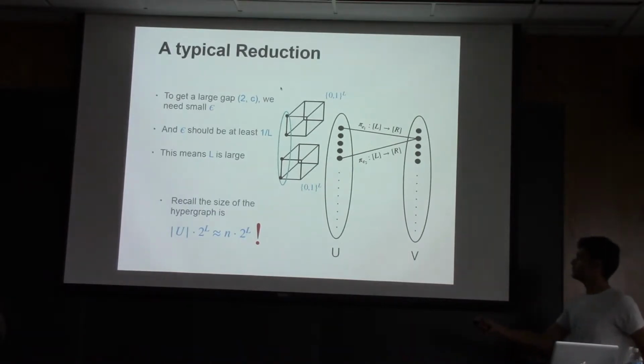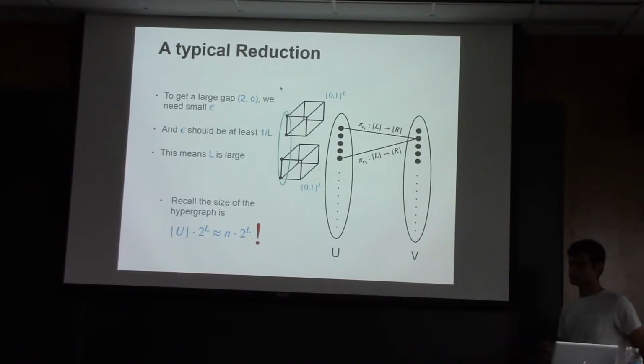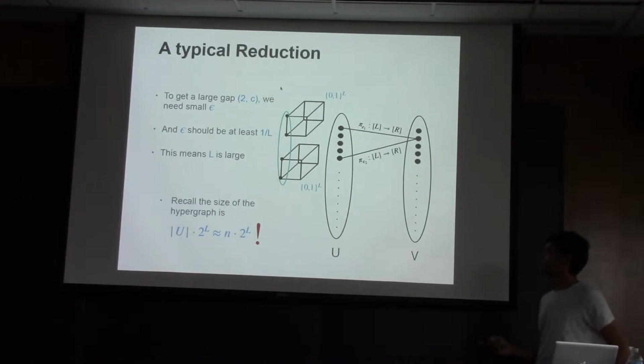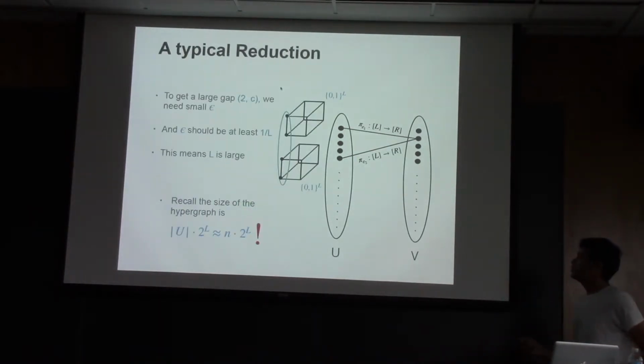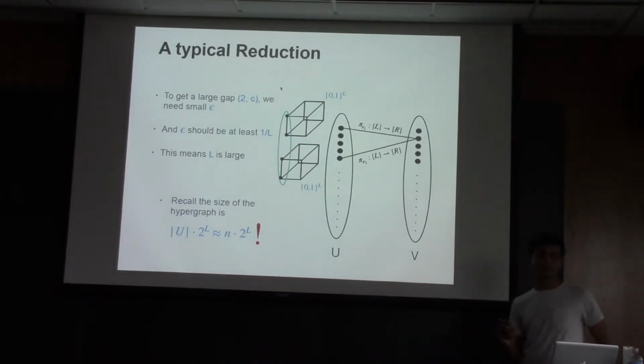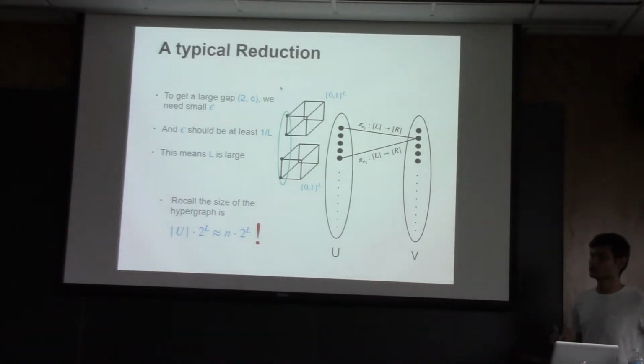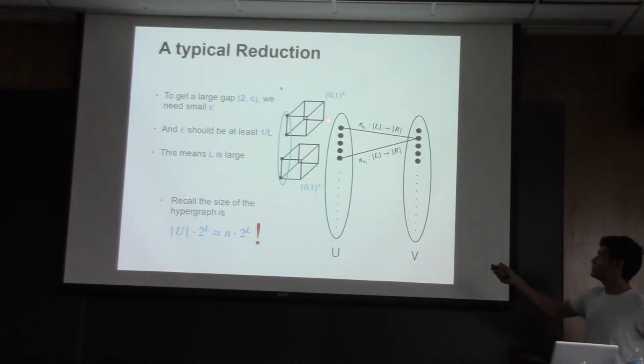It is coming in because the size of the hypergraph that we produce is u times 2 to the L, and this is too big for our NP-hardness reduction. So instead of using all these 2 to the L vertices, we will restrict to some small subset of the vertices, and that's how we will get an efficient reduction and show hardness based on just polynomials.